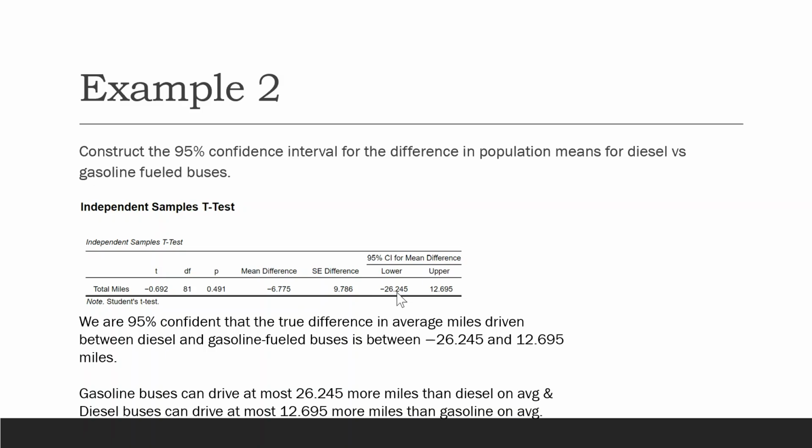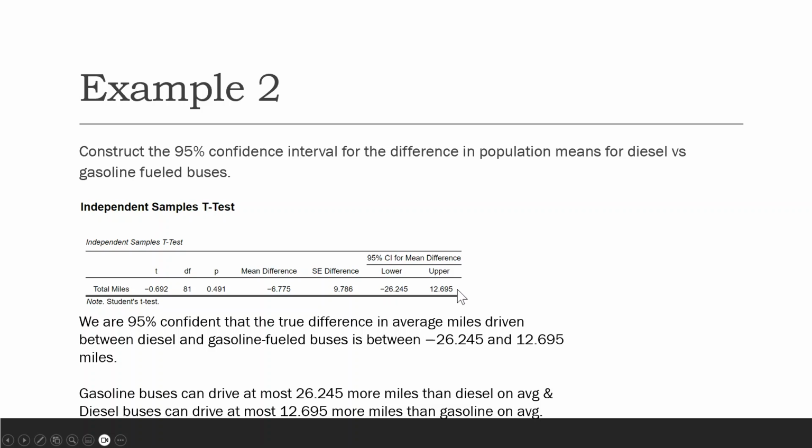Well, the second term in our subtraction is the population mean for gasoline. So when I see negative values, that means that gasoline buses can drive, at most, 26.245 miles more than the diesel powered buses on average. That's coming from the negative value here.